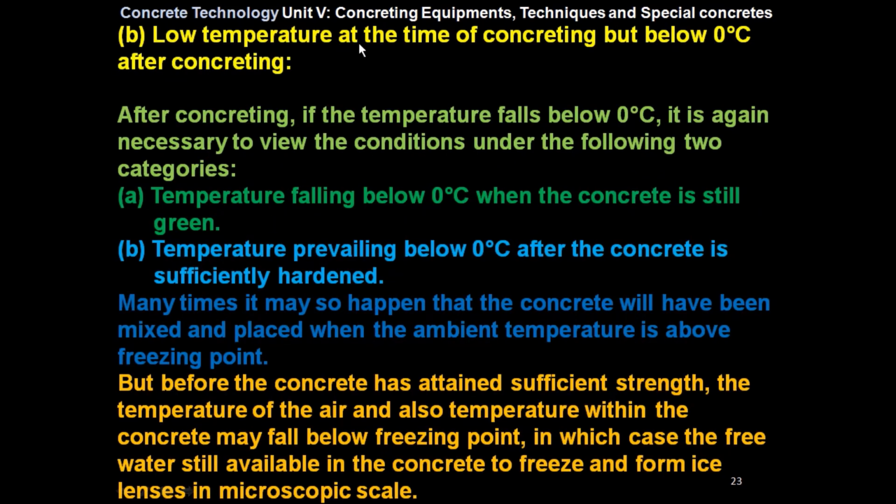After concreting, if the temperature falls below 0 degree Celsius, it is again necessary to view the conditions under the following two categories. First is the temperature falling below 0 degree Celsius when the concrete is still green. Here green means the fresh concrete. And second is the temperature prevailing below 0 degree Celsius after the concrete is sufficiently hardened.